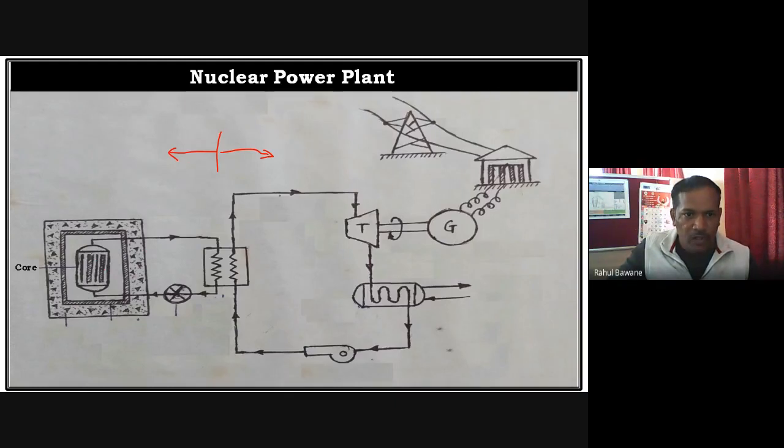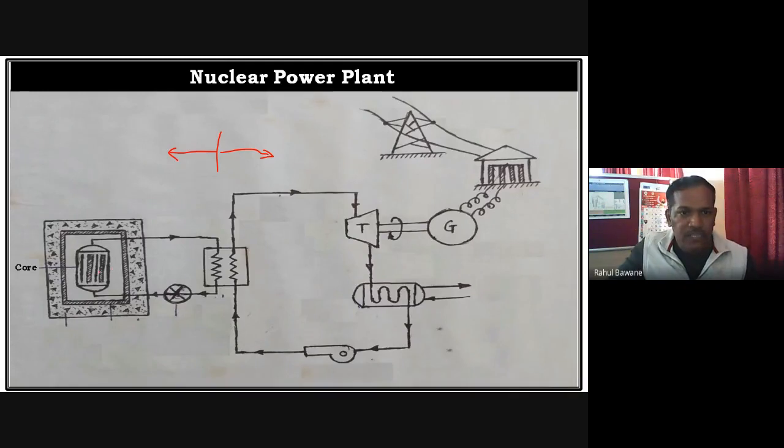There are some absorbers which absorb the excess neutrons. There are some shields to restrict the spreading of radioactivity. Such a reactor is called a core.